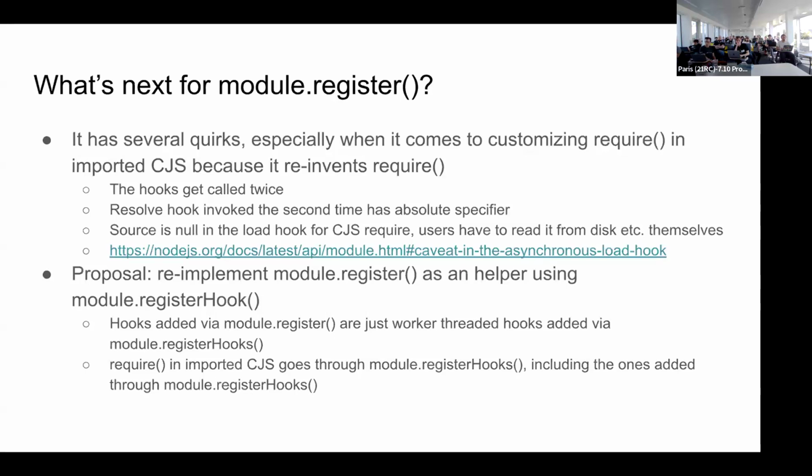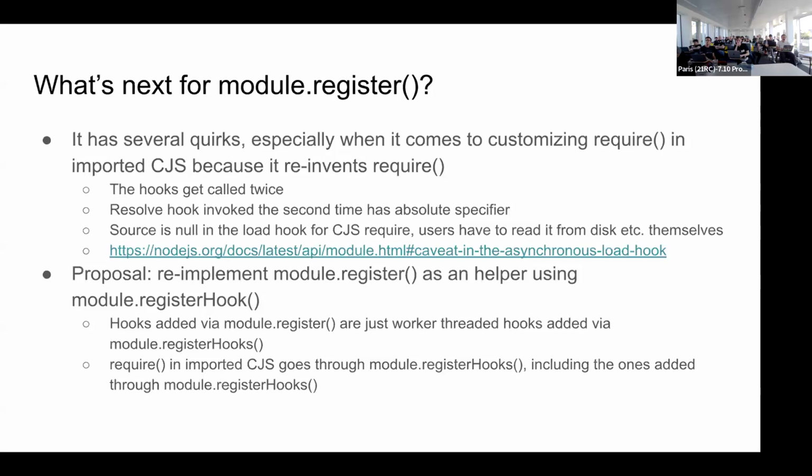So there are some certain quirks. For example, the hook can get called twice, or the resolve hook, when it gets invoked, it has the absolute path instead of the specifier, the thing you actually pass to require. Or the source code can be null in the load hook.